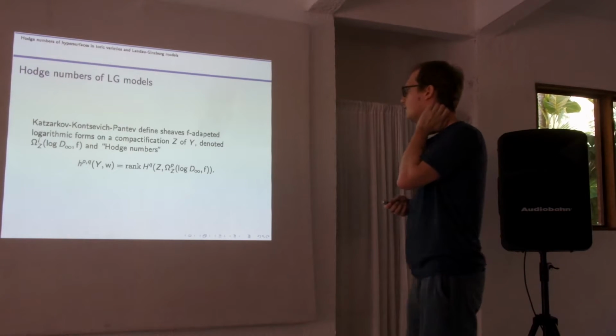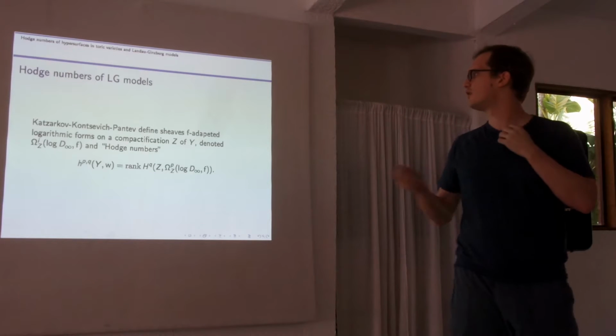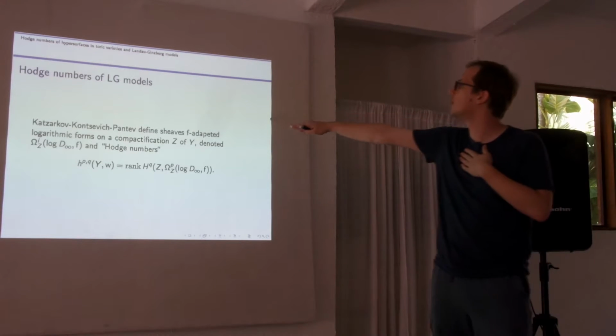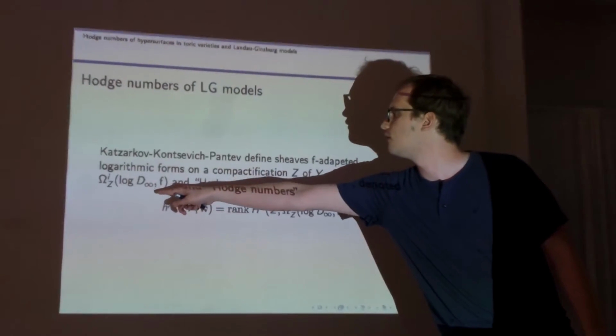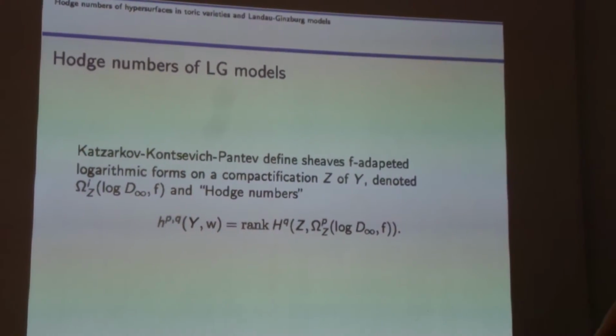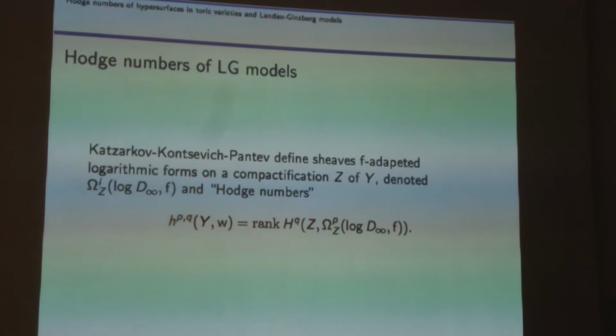So they gave a definition of this. They define what they call sheaves of f-adapted logarithmic forms on a compactification Z of Y. I think they're denoted something like this. So D infinity is the thing you add to get the compactification in my sense. So I'm taking a relatively compact thing, I guess.